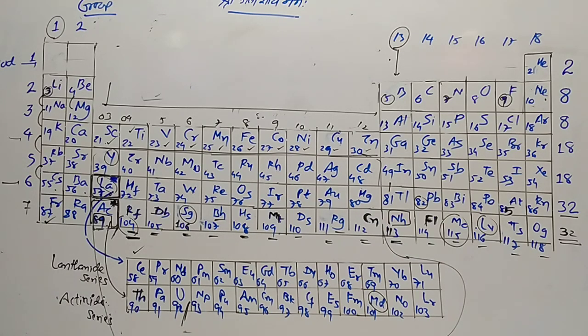Then 109 meitnerium, then 110 darmstadtium, 111 roentgenium, copernicium, nihonium, flerovium, moscovium, livermorium, tennessine and oganesson are the elements of the periodic table.